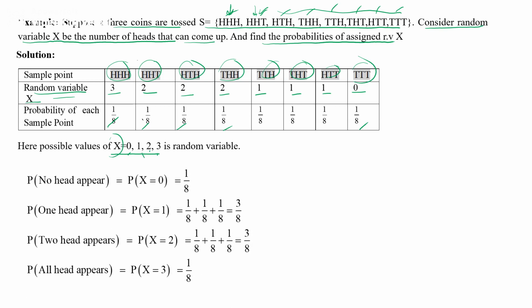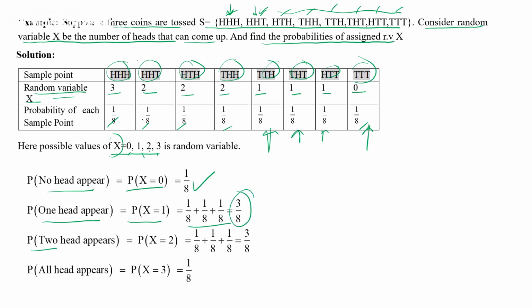Now, because we have to find the probabilities of the assigned random variables, if random variable x is equal to 0, what is the probability? It means no head appears. So there is one case, that is 1 by 8. Similarly, if we say probability x is equal to 1, it means only one head appears. So we have 3 cases, we add all 3, we get 3 by 8.